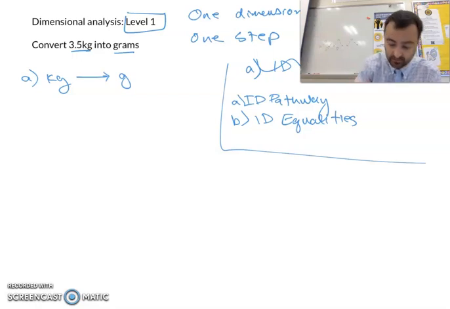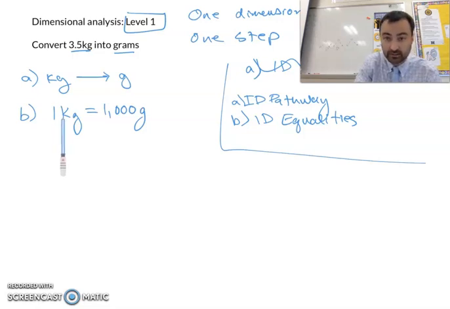And in this case, we have to use the prefixes of the units to help us understand how many kilograms are equal to how many grams. So the equality that is relevant for us is that 1 kilogram is equal to 1,000 grams, because the word kilo means 1,000.